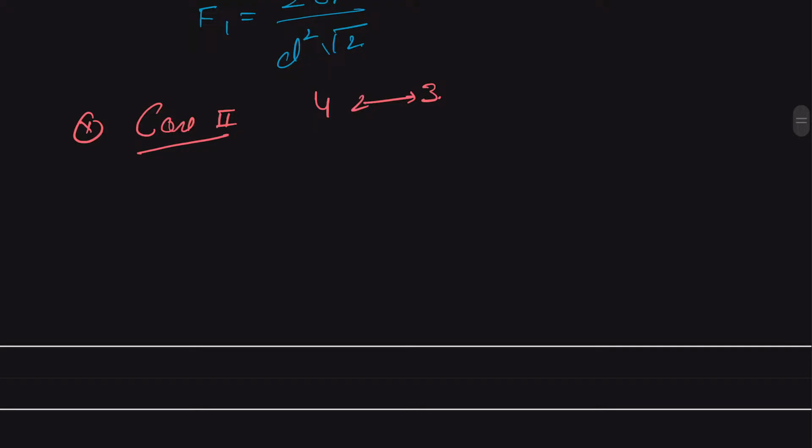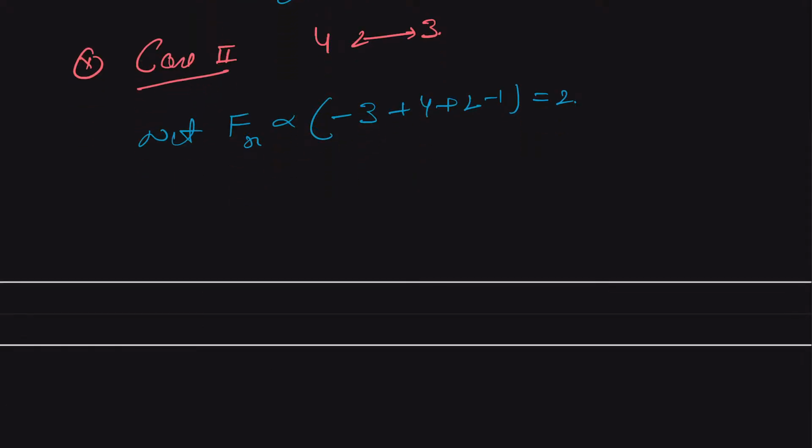Therefore we can write that the net in x direction will be proportional to minus 3 plus 4 plus 2 and minus 1, which will be equal to 2, whereas our net y is unchanged, which will be equal to our 4.